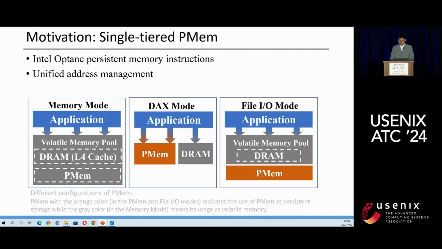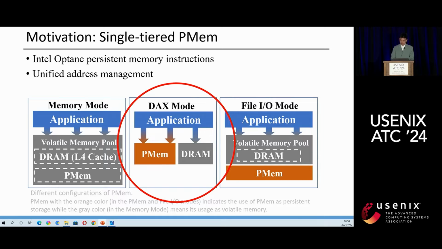Intel Optane persistent memory has three modes: memory mode, DAX mode, and raw I/O mode. The DAX mode facilitates maintaining persistence and byte addressability, aligning with our goal of doing unified memory management like DRAM. Such a commercial PM under DAX mode provides a viable platform to implement our idea.